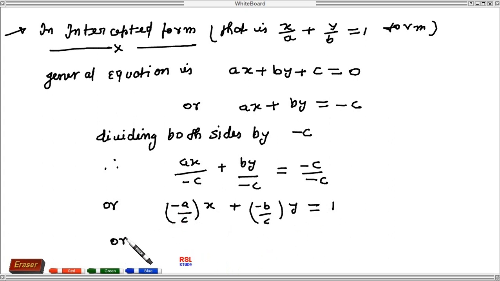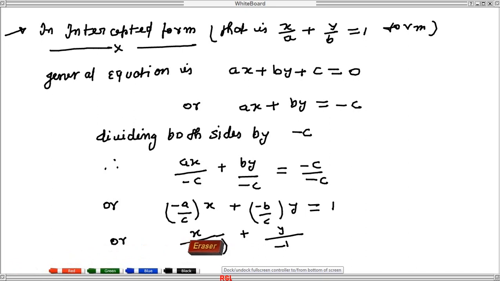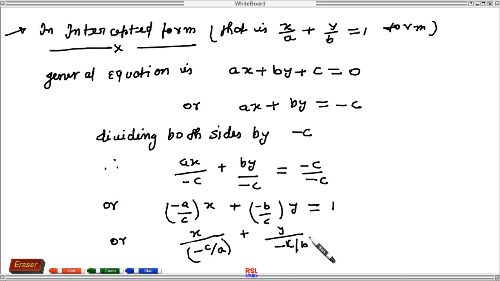Now, just rearranging, this can be written as x by minus c by a, and here y by minus c by b, and equal to 1.